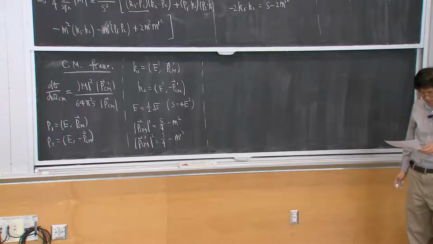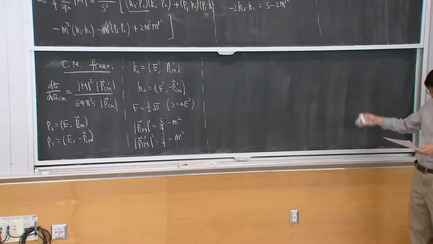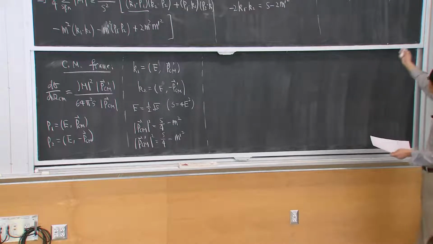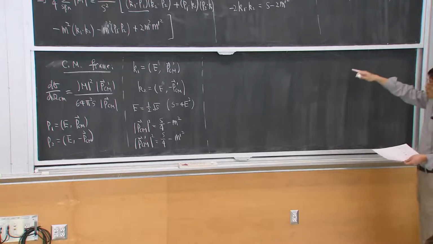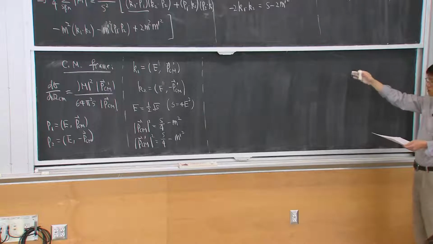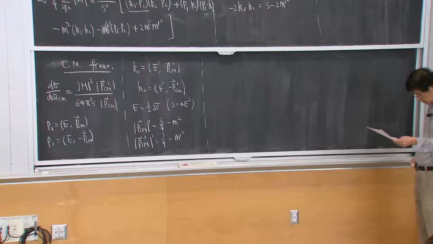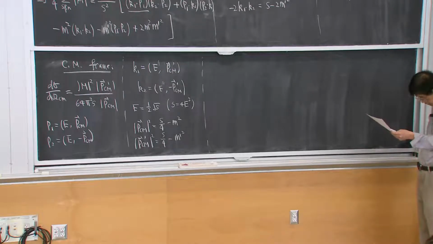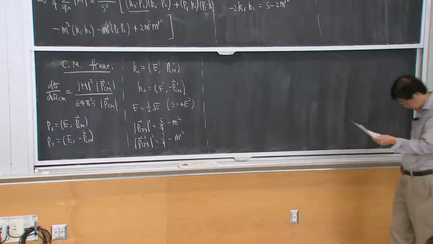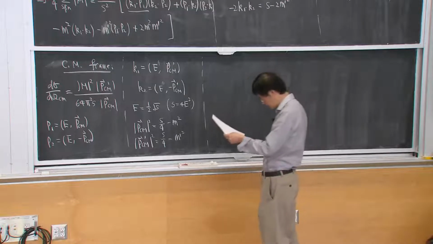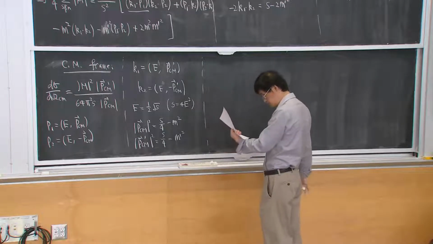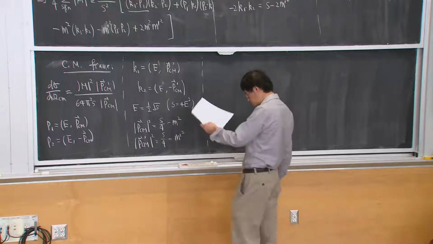Okay. So you can similarly express the T and U in terms of the center of mass momentum, etc. You can just do that. So let me just write down the final answer.